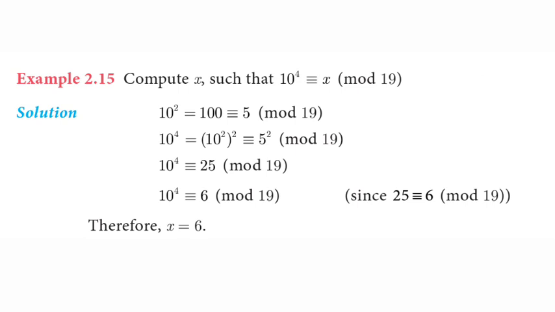Here 25 is greater than 19, so once again 25 divided by 19 gives remainder 6. 10^4 ≡ 6 mod 19. Therefore x = 6.